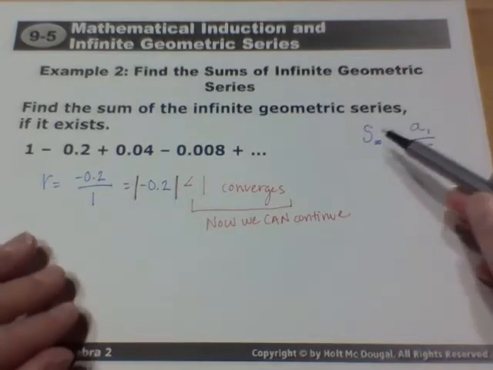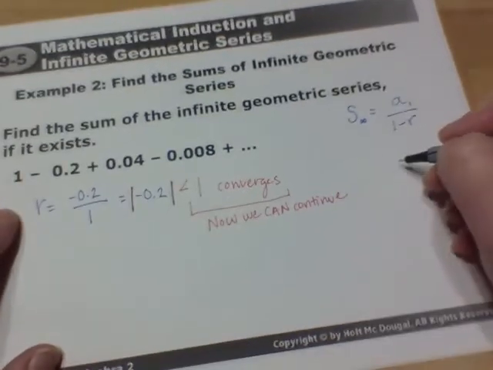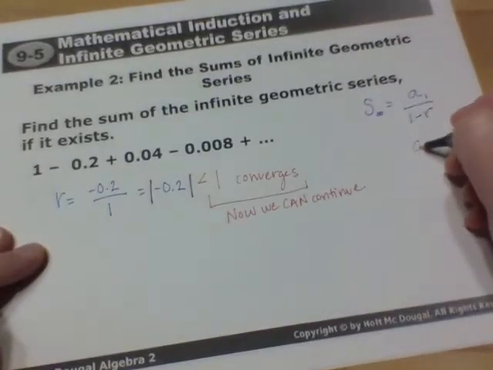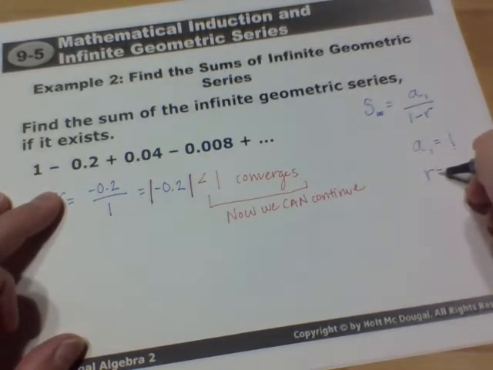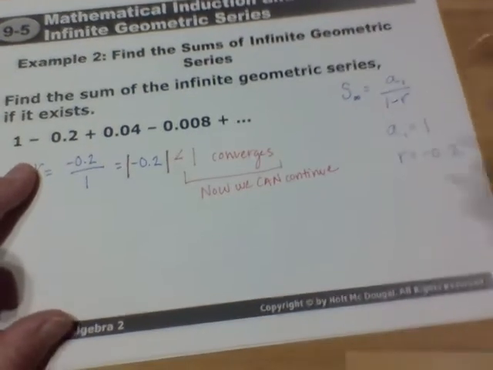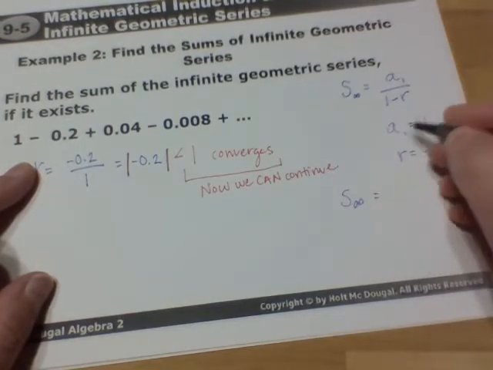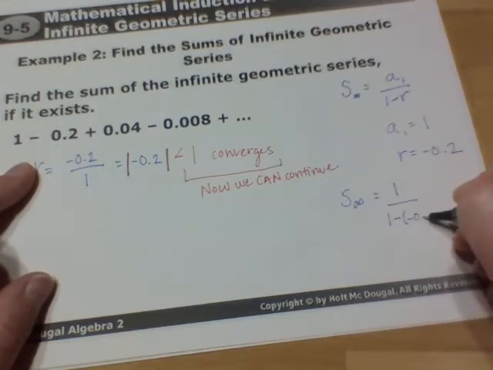So in that case, we are then going to take our first term, which is 1. So we've determined that our first value, or a sub 1, is 1. And R we just found out was negative 0.2. And so we're going to plug each of these pieces into this formula. So the infinite series is going to be 1 over 1 minus negative 0.2.